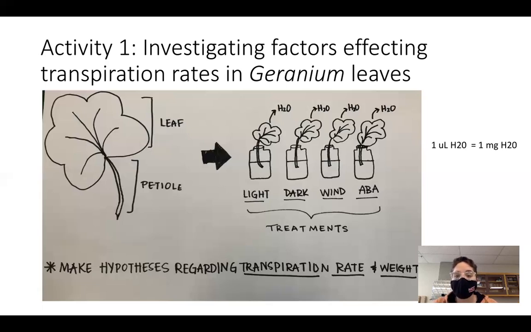And so the way that we're going to be measuring the transpiration rate is by the weight of each of the vials. And so you'll weigh these at the beginning of the experiment, and then every 15 minutes, you'll weigh it again to figure out how much water is leaving the vial via the leaves, or via transpiration.